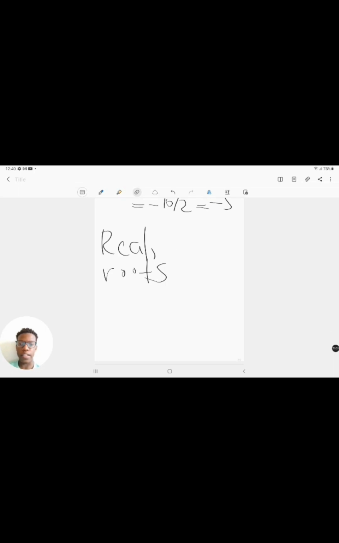Let's start off with the unequal case first, because this is the example that we are looking at. Real and unequal. This is the example that we just looked at. We just found roots that are real and unequal.